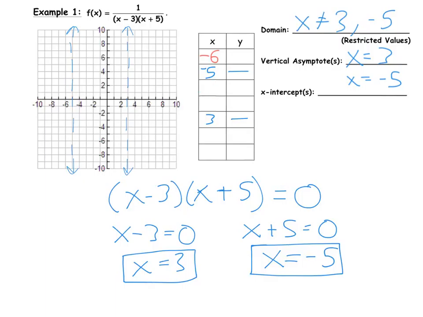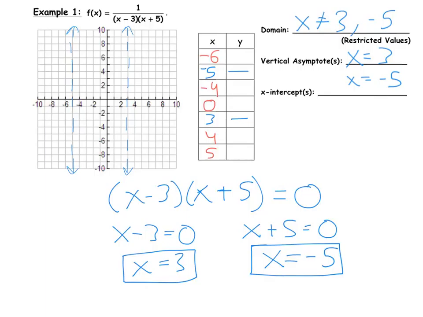Let's go with -4. And then I always like to pick 0. If you can pick 0, it's a good number, because 0 is easy to plug in. It really doesn't matter what x values you're picking, as long as you're picking numbers that are in the middle of your two asymptotes. And then after 3, we can pick a couple values. How about +4 and 5?